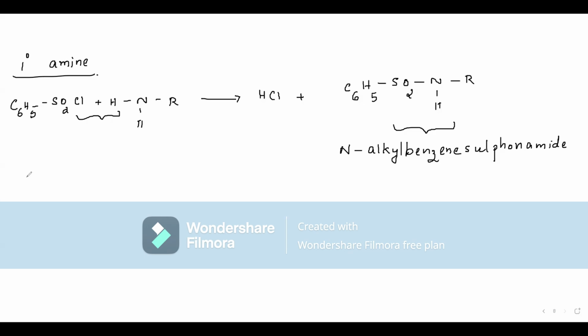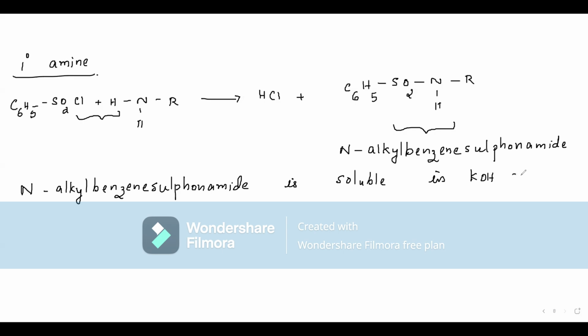So, continuation here is that N-alkyl benzene sulfonamide is soluble in KOH solution. So how do we present our answer? Primary amines react with Hinsberg reagent to give a product which dissolves in KOH solution.